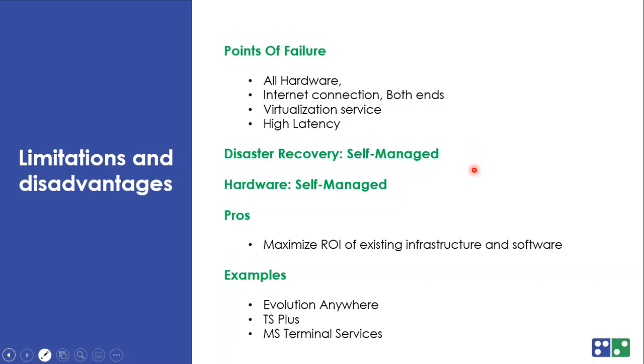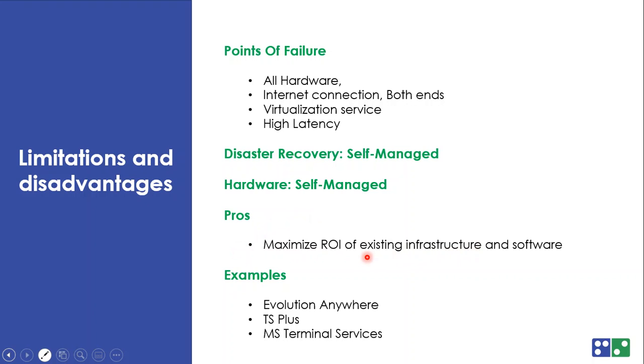Disaster recovery is typically self-managed. If the server fails, and it's still an on-prem server, typically you still have to manage it. Yes, remember that little caveat. If you hosted the server, then you have to figure out what the hosting partner is giving you with it. The big pro here, and the big reason for going with this, is it maximizes your return on investment of existing infrastructure.